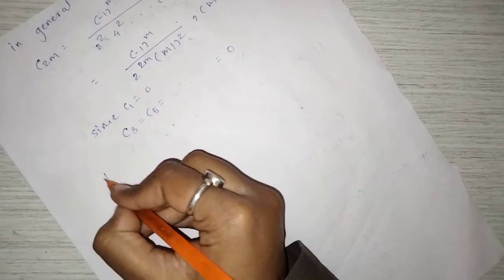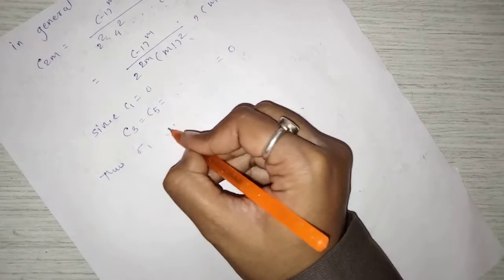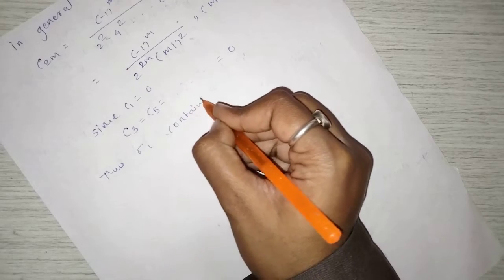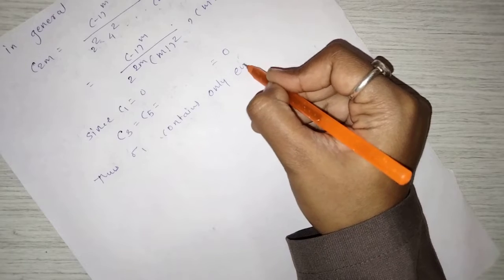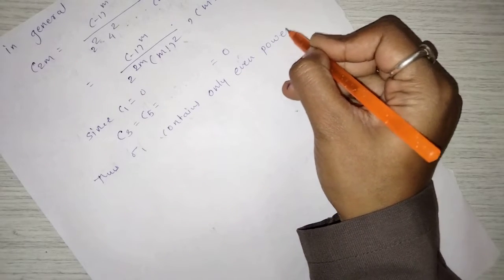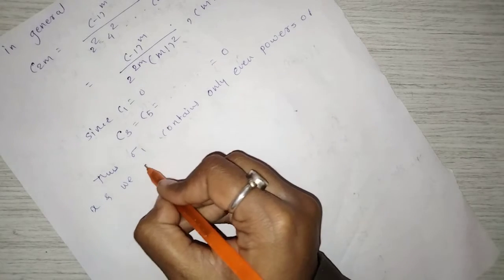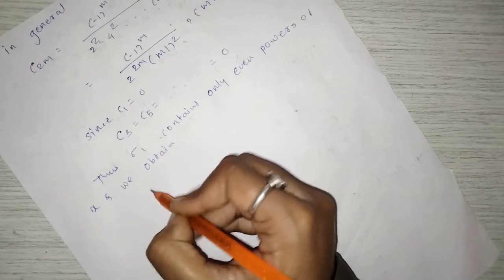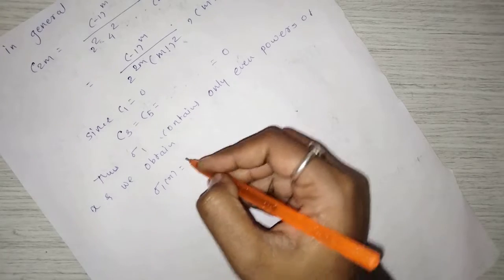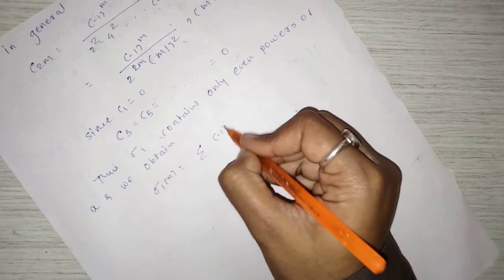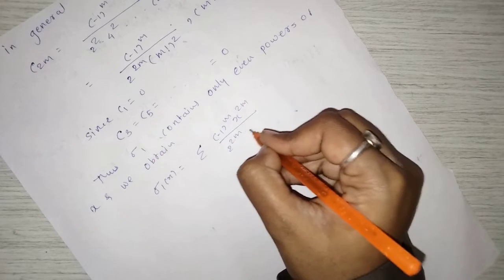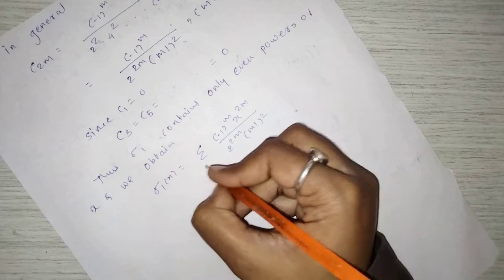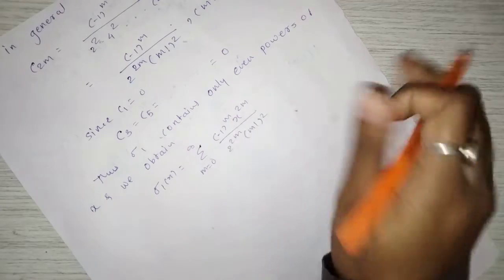Thus sigma 1 contains only even powers of x, and we obtain sigma 1 of x equal to summation (-1)^m x^{2m} upon 2^{2m} (m factorial) bracket square, m running from 0 to infinity.